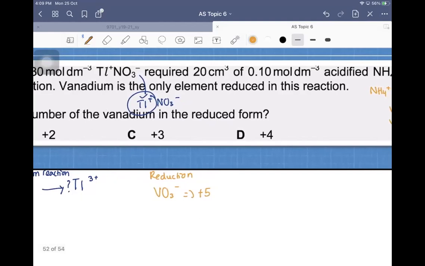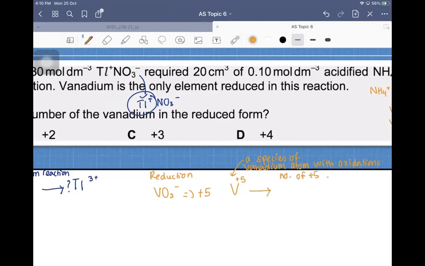So I'm going to write something that is not accurate. My vanadium is +5, this is not an ion. This is just a species of vanadium atom with oxidation number of +5. That is not an ion.